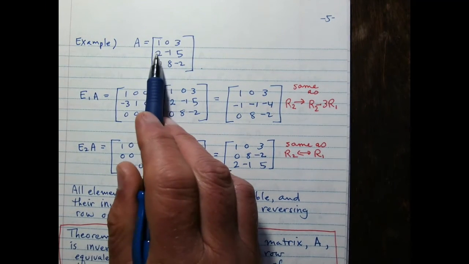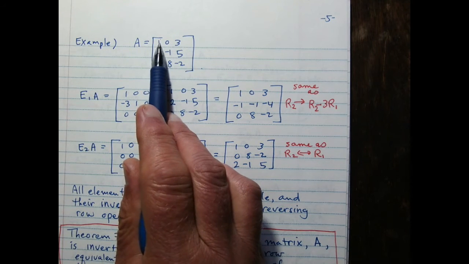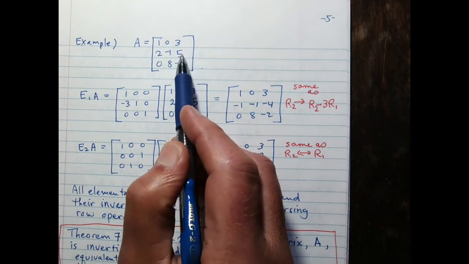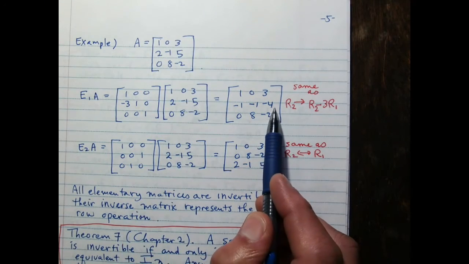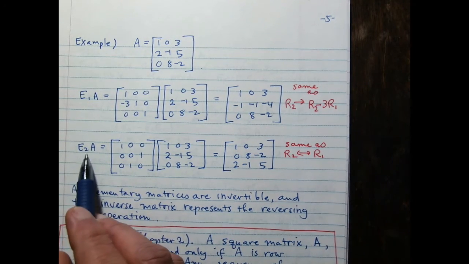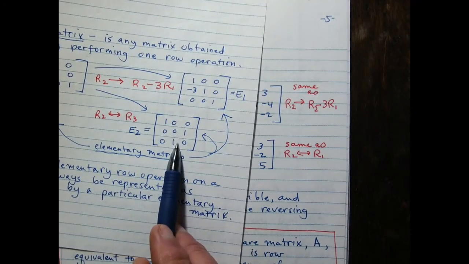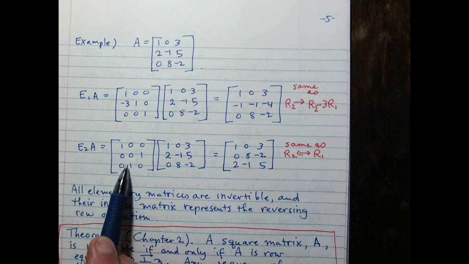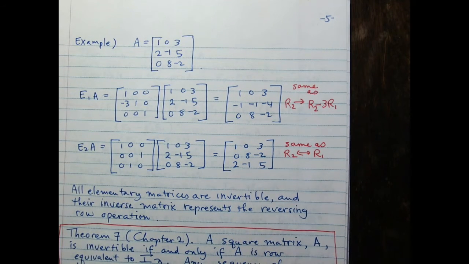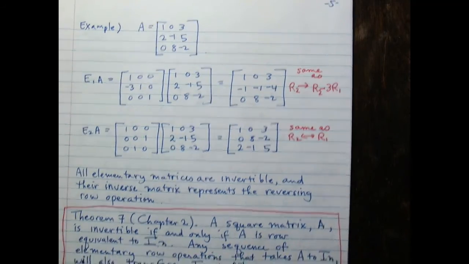So if we take A and replace row 2 with row 2 minus 3 times row 1, we should still have a negative 1 there. We have 5 minus 9 is negative 4. All the other entries are the same. E2 was just interchanging 2 rows. If we multiply A by E2 on the left, we get 2 rows interchanged. And sorry E3, you don't get a chance to participate.